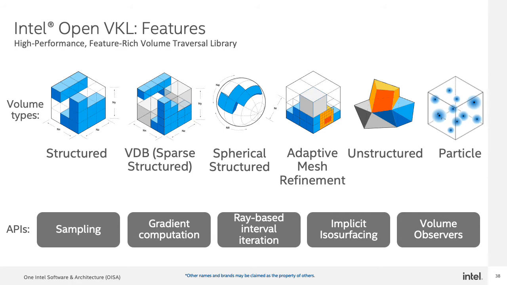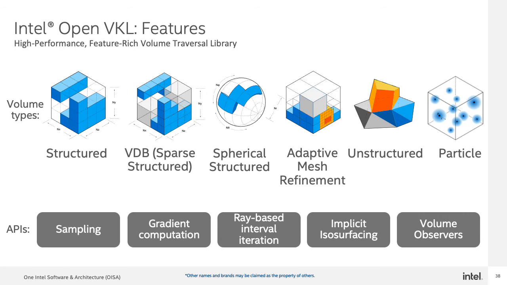Now, along with these volume data types, we also provide a powerful API for solving common ray volume traversal problems, such as sampling the volume and computing gradients at the sample locations. We also provide ray-based interval iterators and support computation of implicit isosurfaces. And we give developers flexible and custom access to volume traversal data through volume observers. And these APIs are agnostic to the volume type.